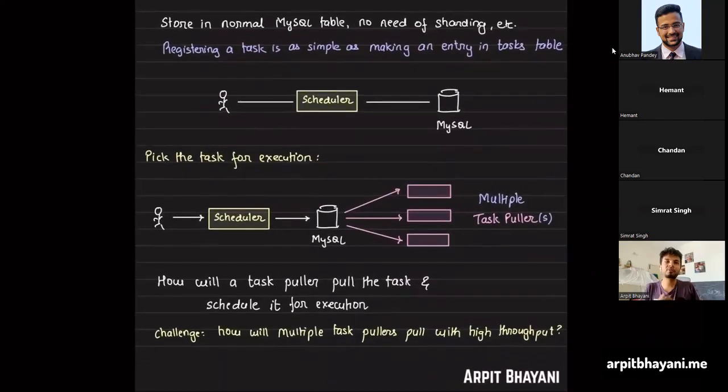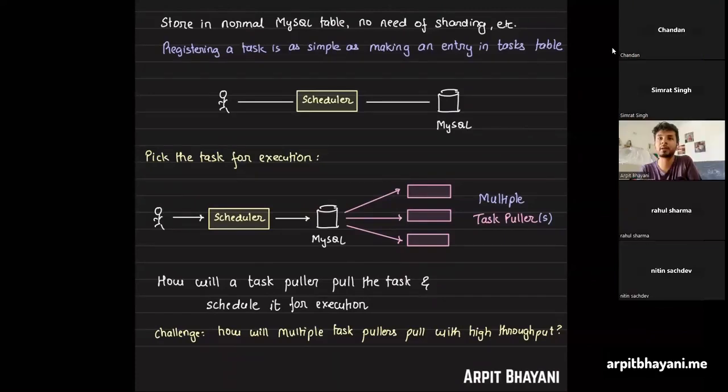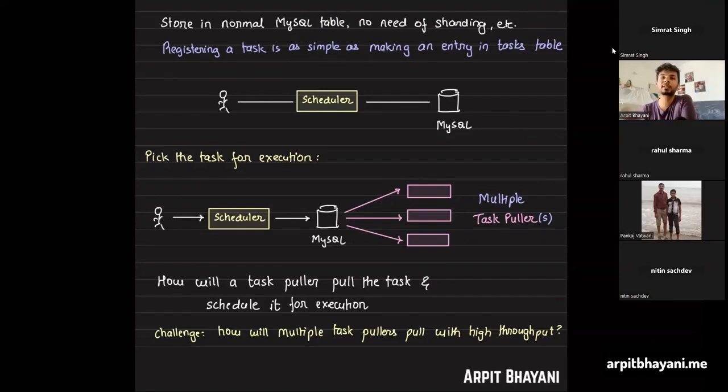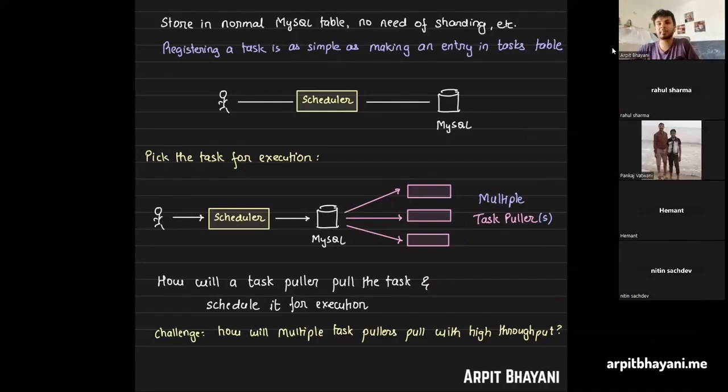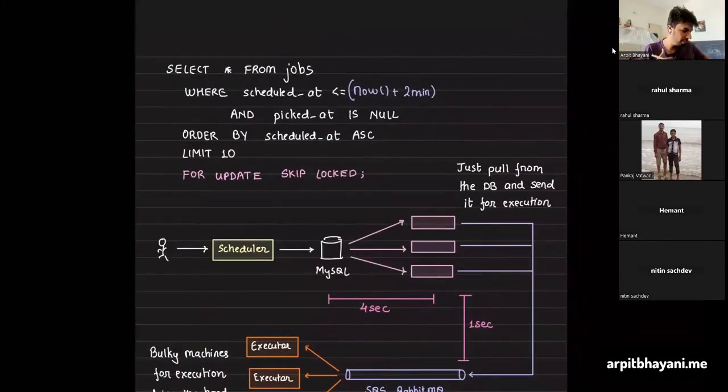Now, what we want is that someone has scheduled a task using the task APIs. Someone has scheduled this task to be executed, and it gets put into this database at this moment. So from this database, we need task pullers who are pulling the task from it. And we do not have just one puller to pull.